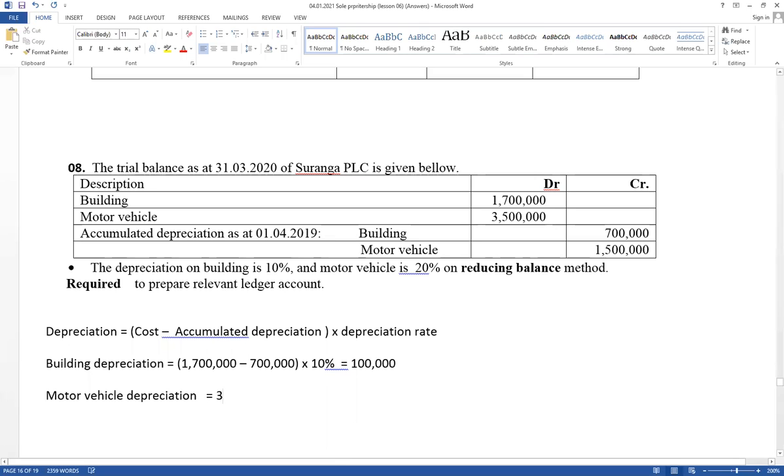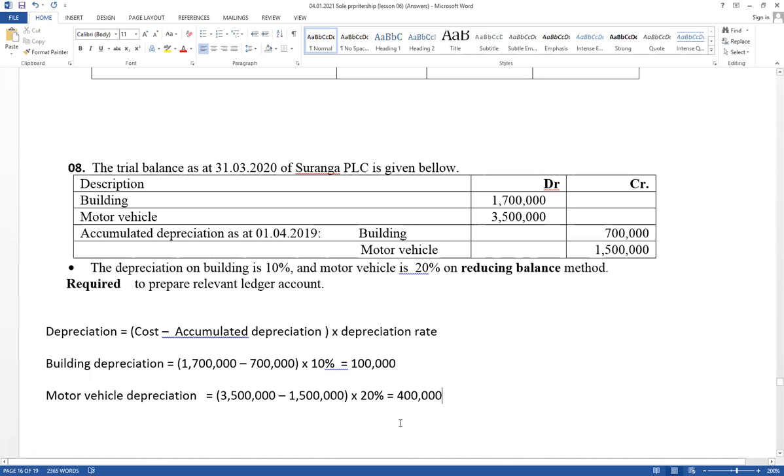The motor vehicle cost value equals 3.5 million, and accumulated depreciation is given as 1.5 million. The depreciation rate is given as 20%. Therefore, cost minus accumulated depreciation equals 2 million, times 20%. This is the annual depreciation.